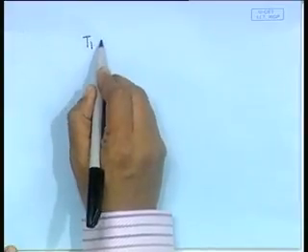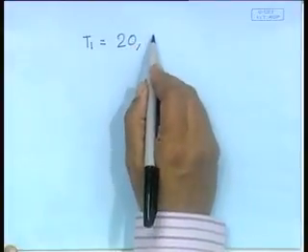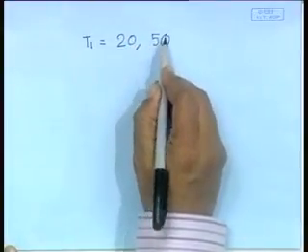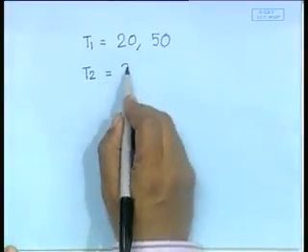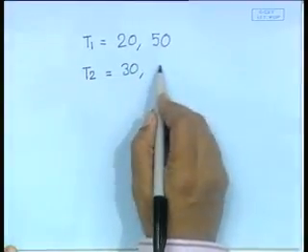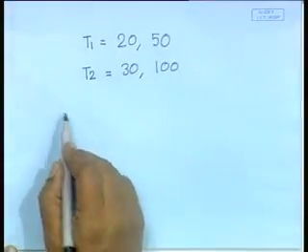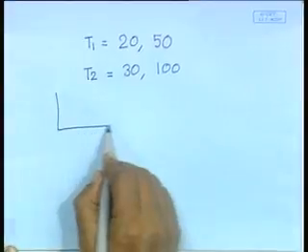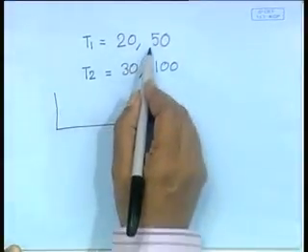So, let me just write here. T1 execution time is 20 and the period and deadline is 50, and T2 execution time is 30 and period and deadline are 100. So, the schedule according to EDF: it will start with T1 that has the earliest deadline.